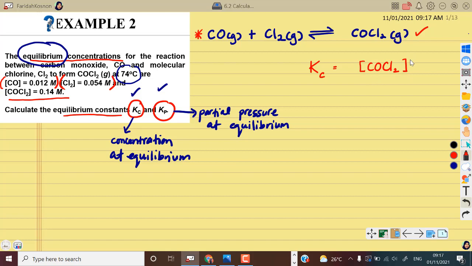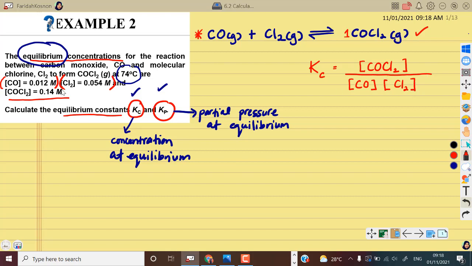Actually power of 1, because kat sini ada stoichiometrical coefficient dia 1, tapi kita tak payahlah tulis power of 1. Understood kat situ? Okay, divide by the concentration of the reactants. Okay, the reactant kita ada 2. So here is concentration of carbon monoxide, sama juga power of 1, times concentration of chlorine molecule power of 1.